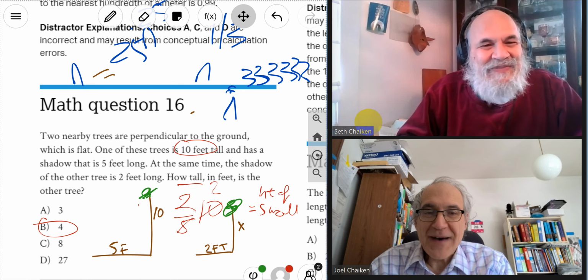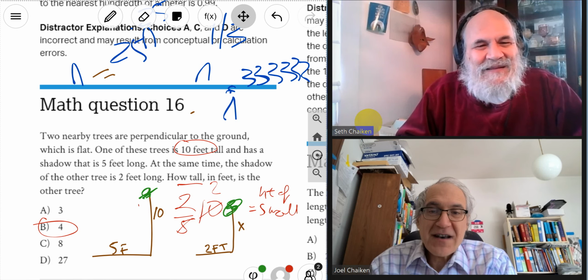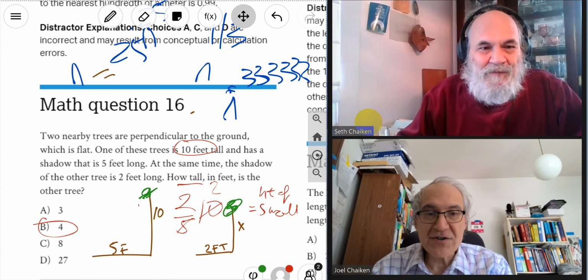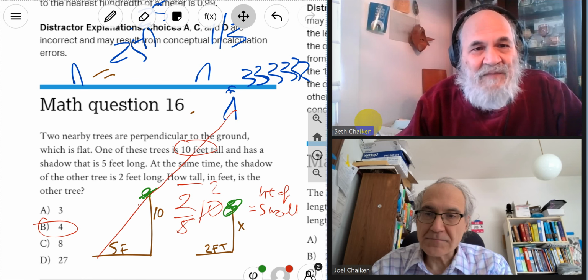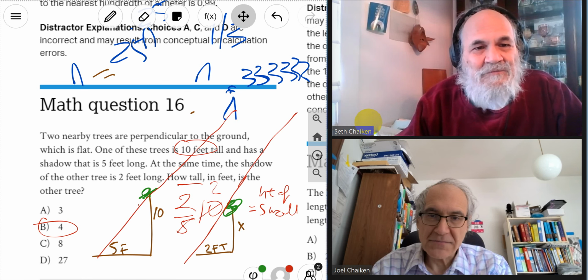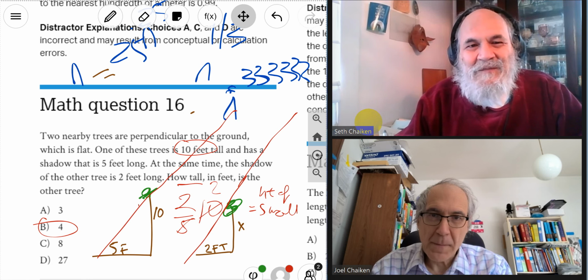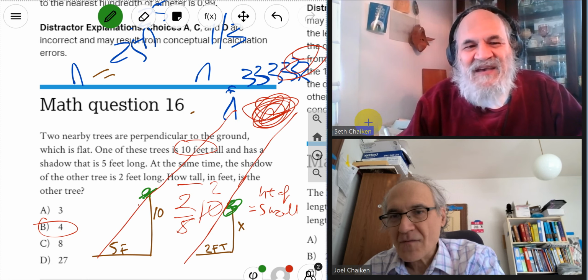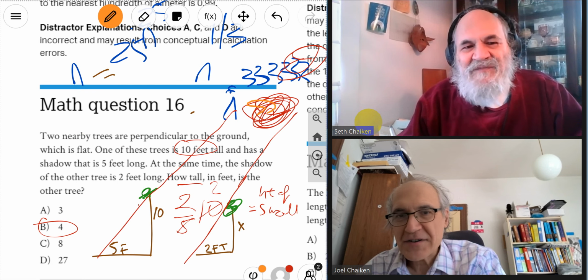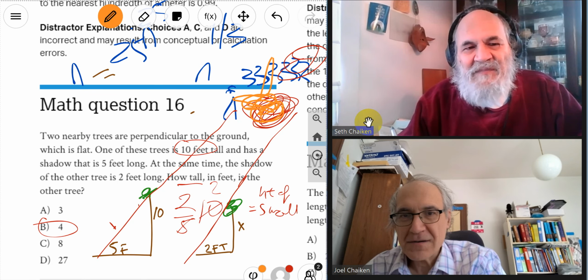So basically, these are similar. This is an example of similar figures. The point is the sun makes the same angle. There's the sun off there in infinity, so the angles are the same.